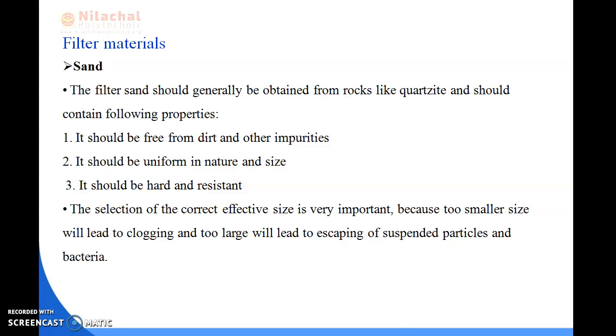And selecting the correct effective size of the sand is very important, because too small a size will lead to clogging and too large a size will lead to escaping of suspended particles and bacteria. So if we choose the filter material, we have to select the correct effective size.